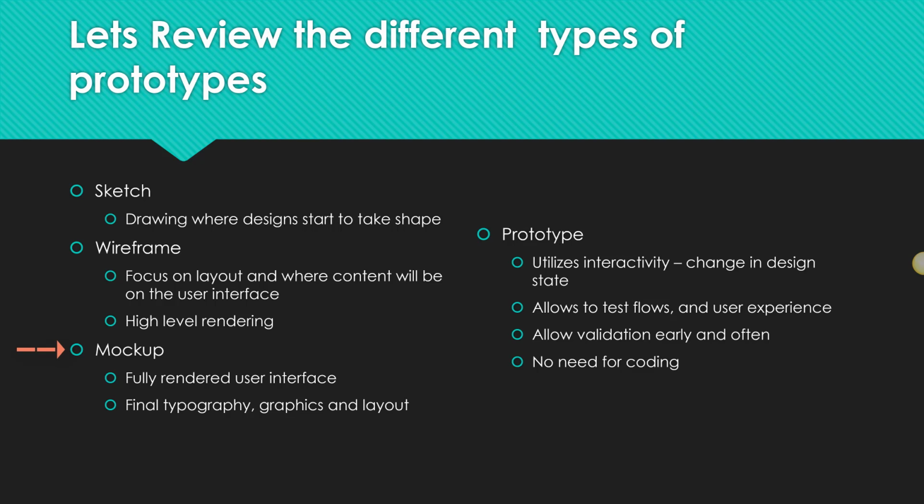The only thing that differentiates mockups from prototypes is that prototypes utilize interactivity. Because of that, prototypes also allow you to test flows and user experience and validate early and often what you've done.